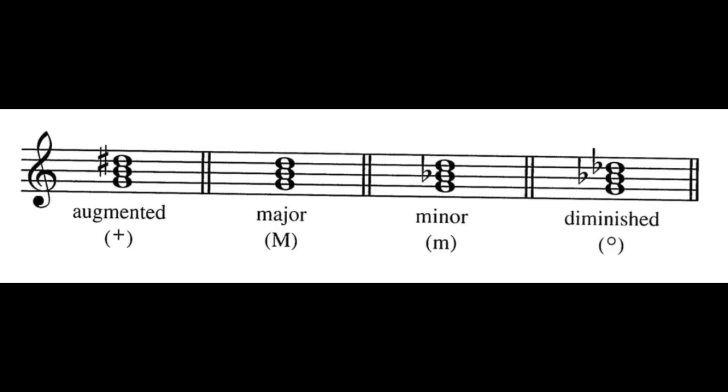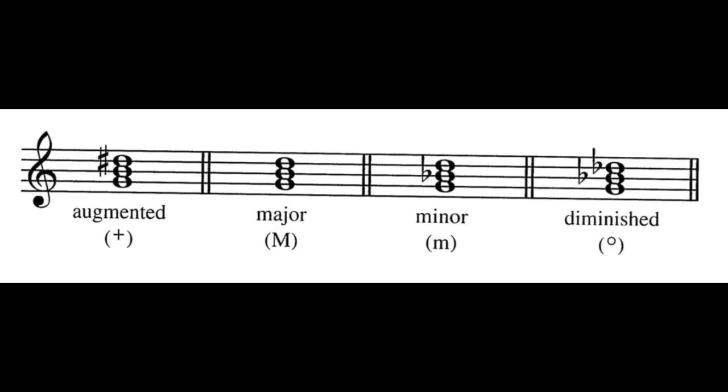And our diminished triad, in classical music, uses a degree symbol, a superscript o, or if you're in a more pop or jazz realm, they'll often use a minus symbol as opposed to the plus symbol with the augmented. You might be able to guess from listening to them that in tonal music, the major and minor triads are found the most often, and the augmented the least often.